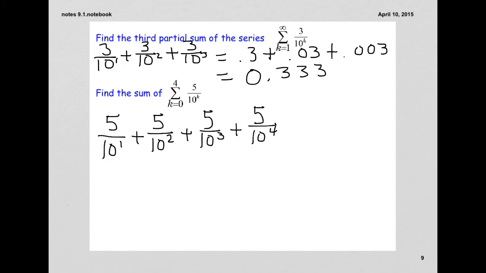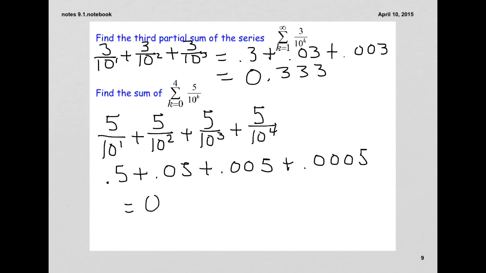Okay, that's going to be 0.5 plus 0.05 plus 0.005 plus 0.0005. So we add that all up, and that's equal to 0.5555.